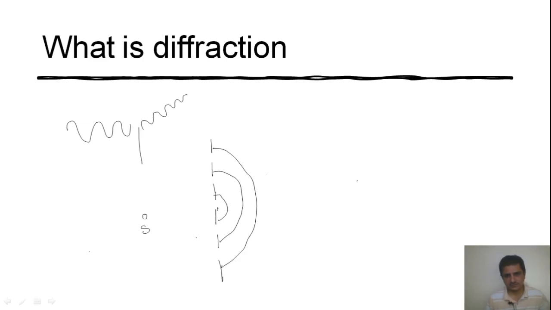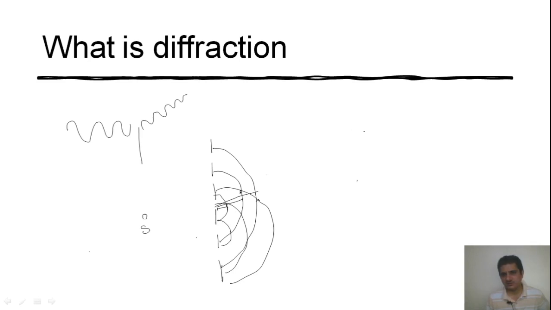The path difference from here to here is 1 lambda, from here to here it's 2 lambda, and from here to here is 3 lambda, and so on. For this point, it is going to generate a similar pattern, and all these points, because they interfere constructively, are going to produce bright spots.